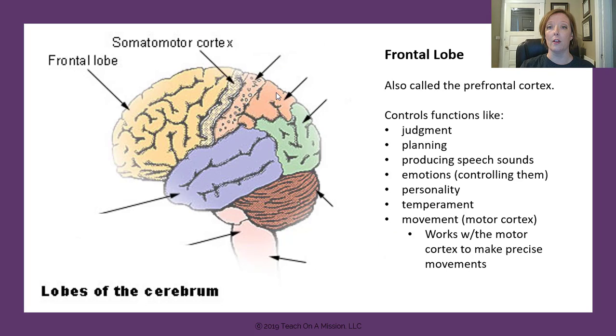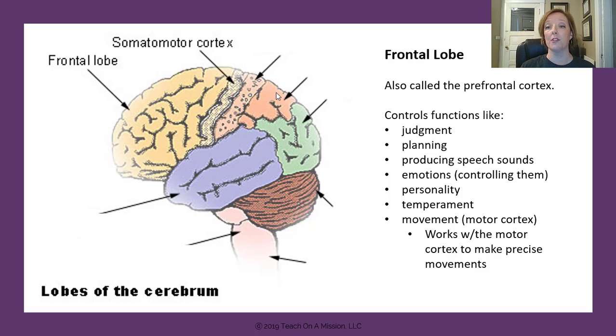So we're going to start with our frontal lobe. Our frontal lobe is also called the prefrontal cortex, and you may actually see it either way. A lot of times people use this interchangeably. Technically, there are some medical differences, but for our purposes, you may see it either way. It controls functions like judgment, planning, anything that is abstract in nature.